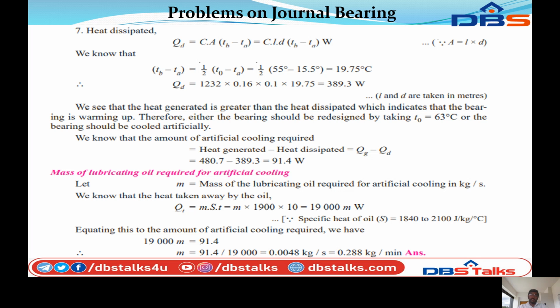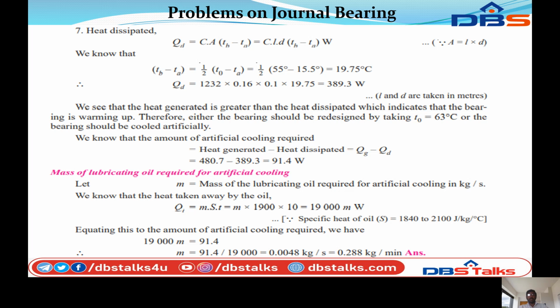So we see that the heat generated is greater than the heat dissipated, which indicates that the bearing is warming up. Therefore, either the bearing should be redesigned by taking T naught equal to 63 degrees centigrade, or the bearing should be cooled artificially.